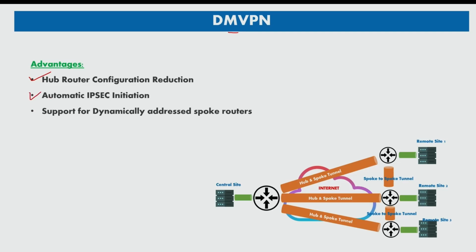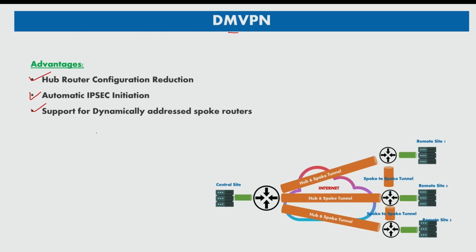Next is automatic IPsec initiation. So here, GRE uses NHRP to configure and resolve the peer destination address for automatic IPsec initiation. As a result, without any IPsec peering configuration, this feature allows IPsec to be immediately triggered to create point-to-point GRE tunnels between spokes. And third is the support for dynamically addressed spoke routers.